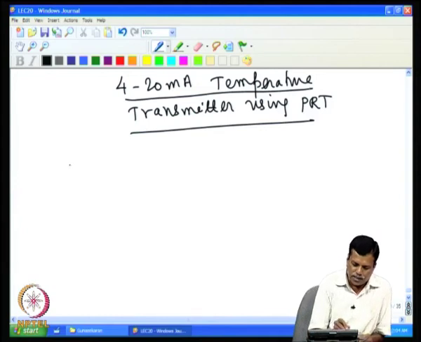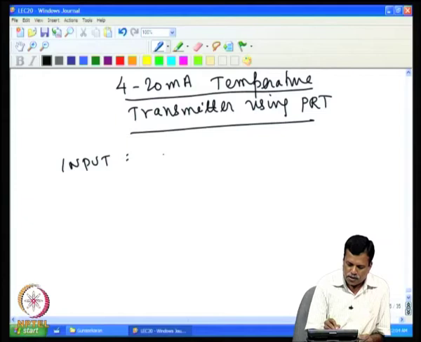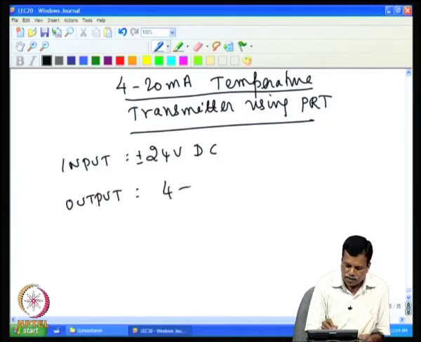So, in this actually the input is 24 volt DC, a 24 volt DC 2 wire system. The output is 4-20 milliampere current.